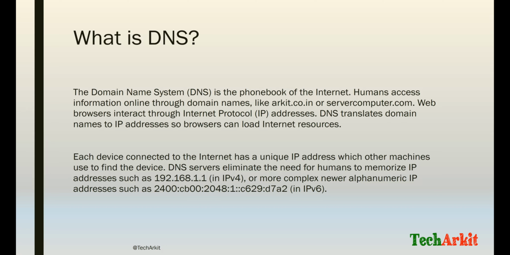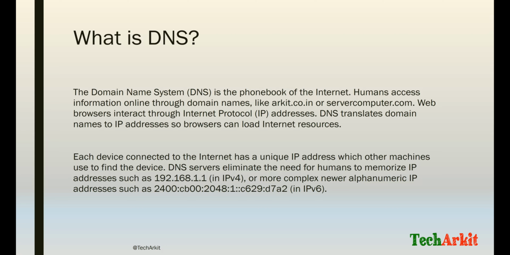DNS servers eliminate the need for humans to memorize IP addresses, such as 192.168.1.1, which is an IPv4 address. Maybe you can remember certain IP numbers, but the newer, more complex alphanumeric IP address is an IPv6 one, like 2400:cb00:2048:1:c629:d7a2.